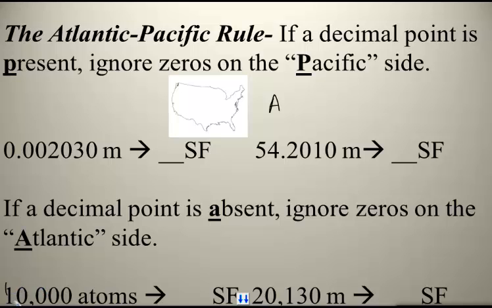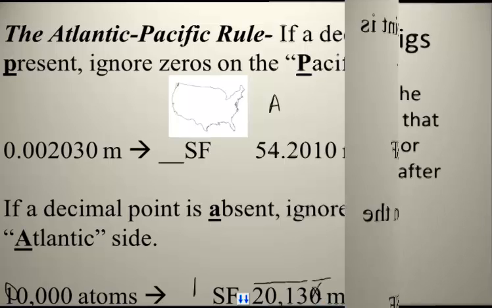So the only significant digit here is this 1. So there's 1 significant figure in that measurement of 10,000. What about here? This is the Atlantic side. So I come here, and it's this one that is not significant. These other 3 numbers, the 2, 0, and the 1 and the 3, are all significant figures. This 0 is not considered significant.